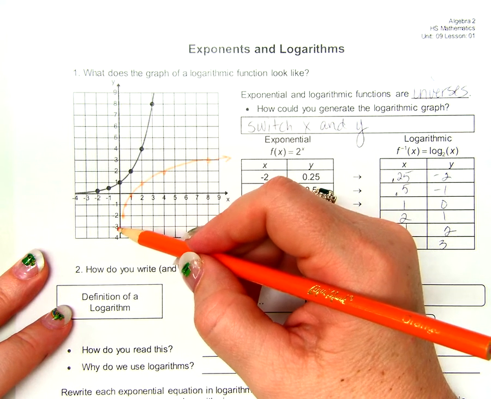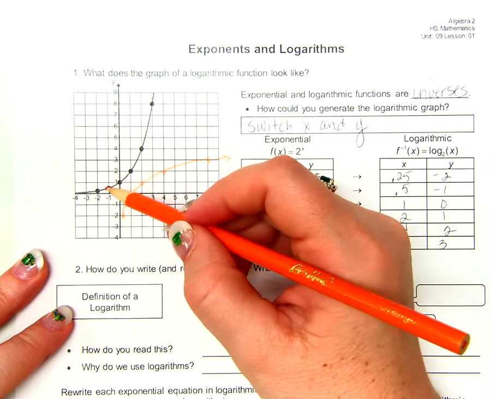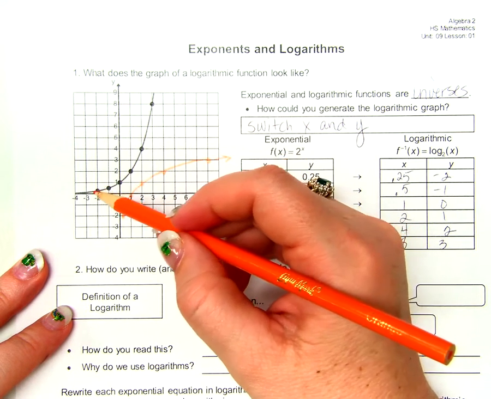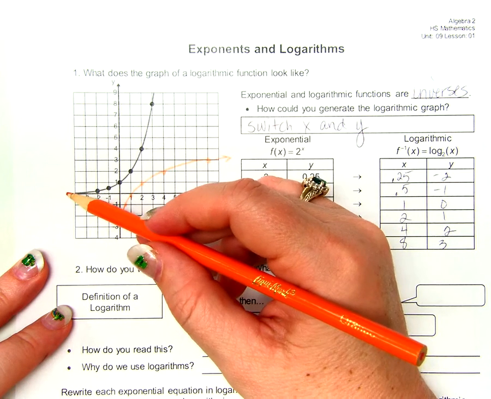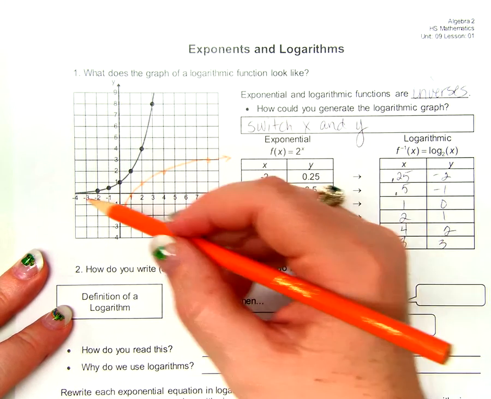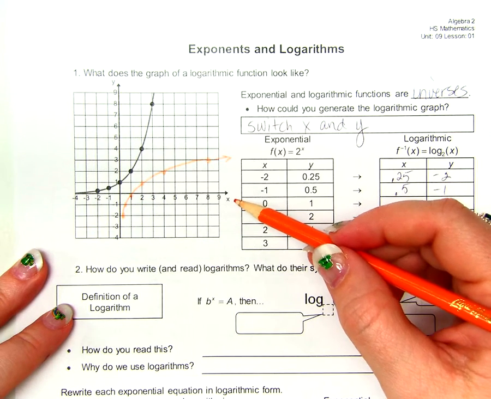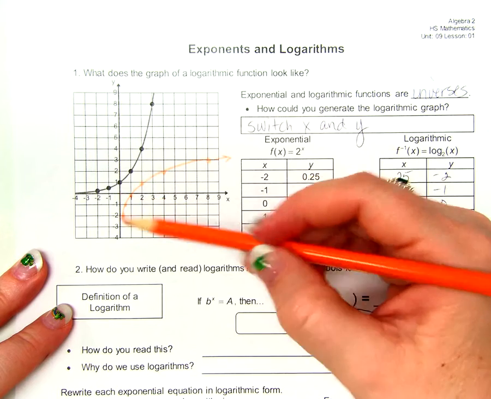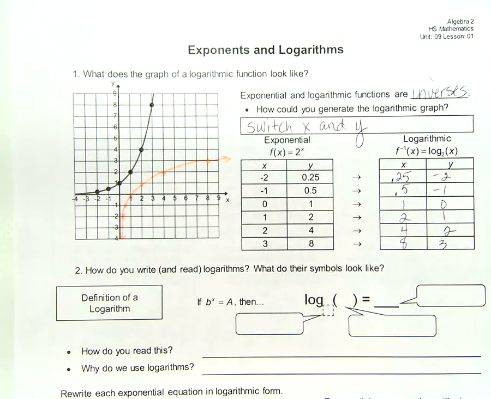Is it going to go over here? Why not? Think about an exponential function. Does this ever cross the x-axis? It gets closer and closer to it because there is an asymptote here, right? If we're talking about an inverse function, what do you also know about right here for our logarithmic function? Yeah, there's an asymptote there.